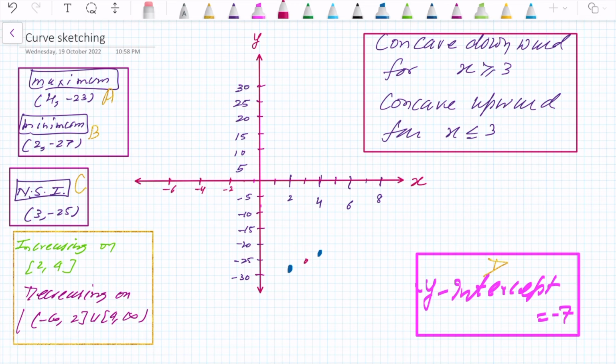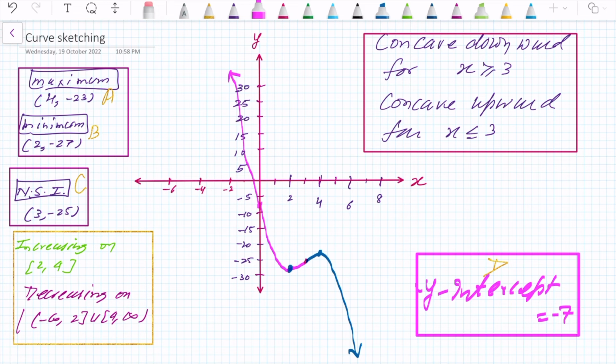So from this point to the right side, the curve is concave downward, and to the left side of this point, the curve is concave upward, and we can join these points freehand. We can mark the y-intercept also for more accuracy, and then try to join freehand.